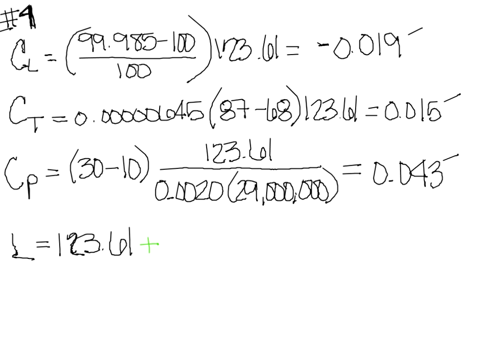So we add 0.019. Okay, even though there's a negative here, we're going to assume this to be an absolute value and ignore it. So we're adding 0.019.